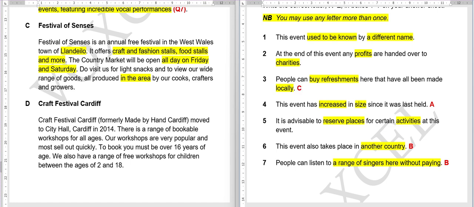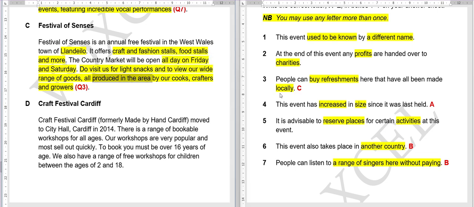That's why I said A. Why is it C? Let me just explain it before. Let me just first highlight it and then I will explain it. Let me do this again for the complete part. So, if you look closely, they're saying that you can buy light snacks or you can view all the goods that are produced in the area.